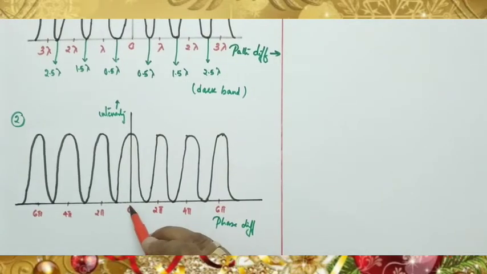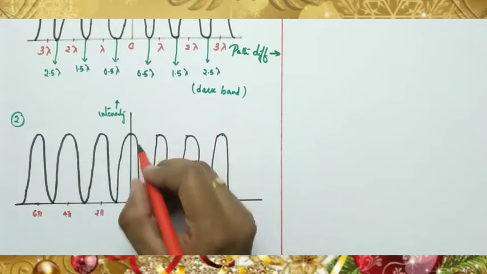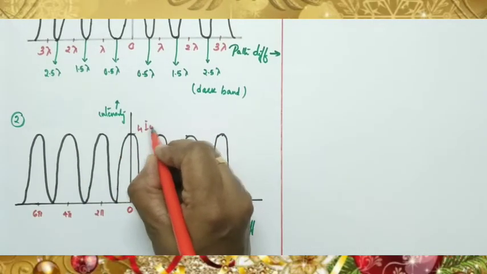So at values 0, 2π, 4π, 6π, etc., intensity will be maximum and its maximum value is 4I0.